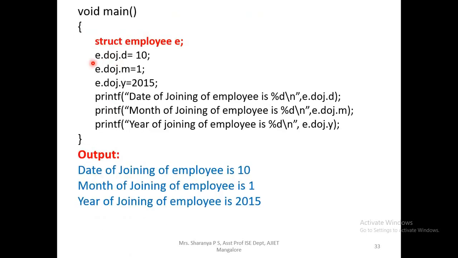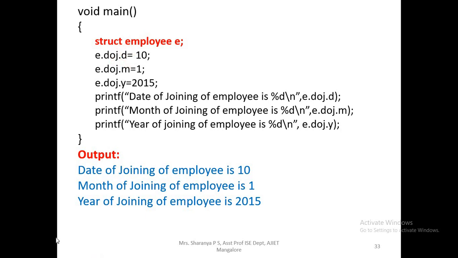The same way, in E.date_of_joining.D, E is the outer structure name, date_of_joining is the inner structure name and D is the structure member. This is how we need to process each structure variable name: first we mention the outer structure variable name, next the inner structure name, and after that the member of the structure.